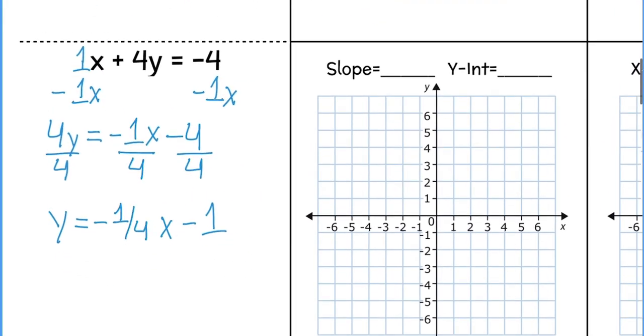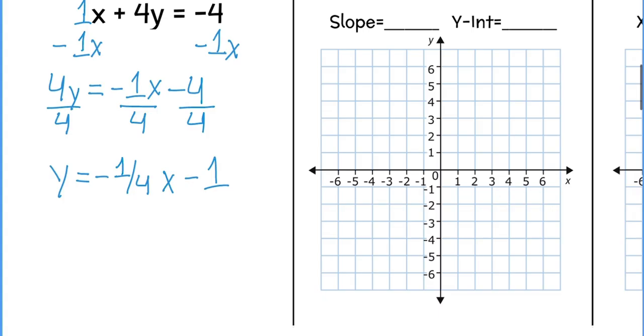So let's hop on over here to our graph. What is my slope? Negative 1 over 4. And my y-intercept? Negative 1. So I am going to find negative 1 on my y-axis and put a little dot.